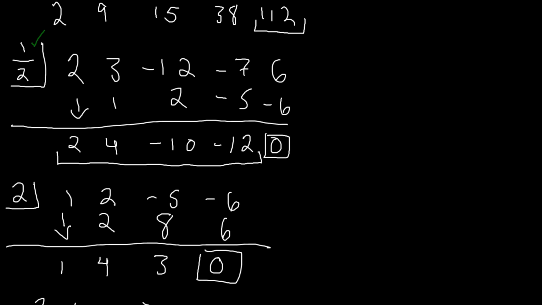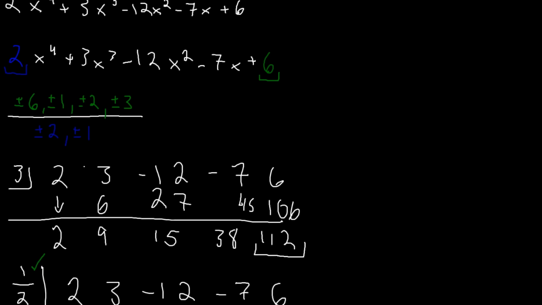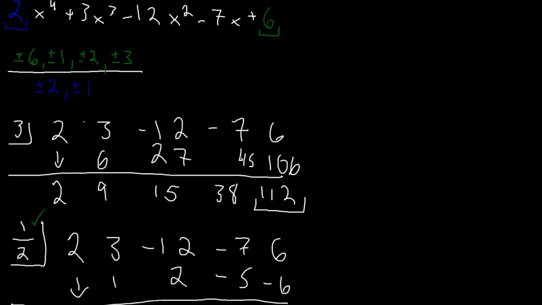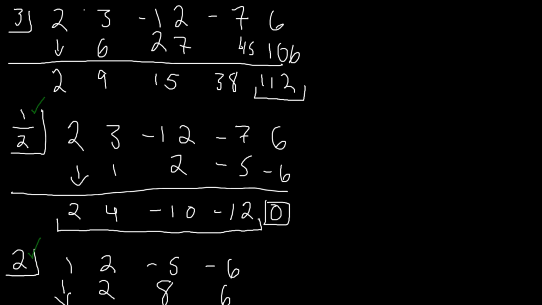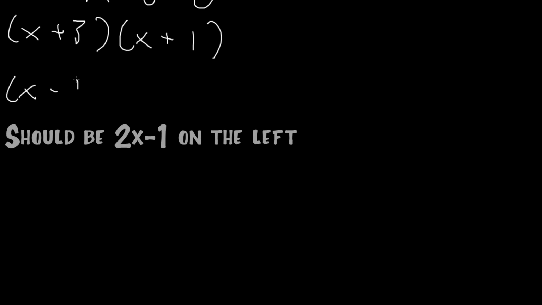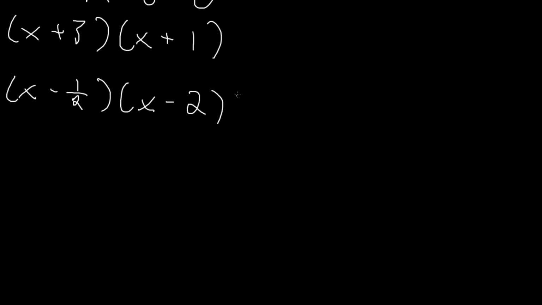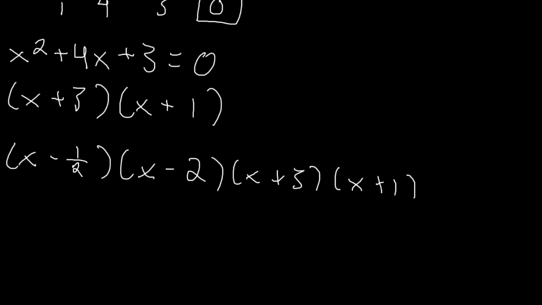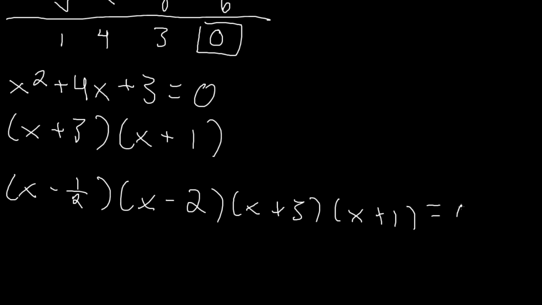So the factored form of this polynomial is x minus 1/2 times x minus 2 times x plus 3 times x plus 1 equals 0.